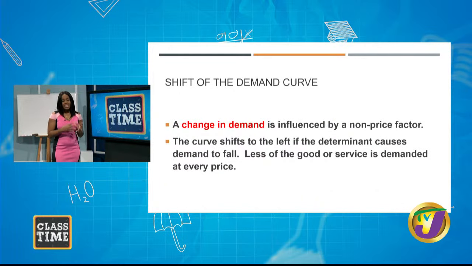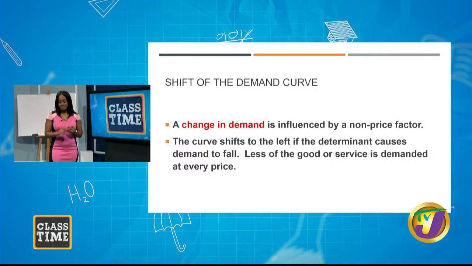So, again, the change in demand is influenced by a non-price factor. When income changes, when there is a change in the expectation of future prices, and also when you look at the price of related goods, when you consider advertisements, those are things that cause the quantity demanded to change at each price level, and so we say that there is a change in demand.